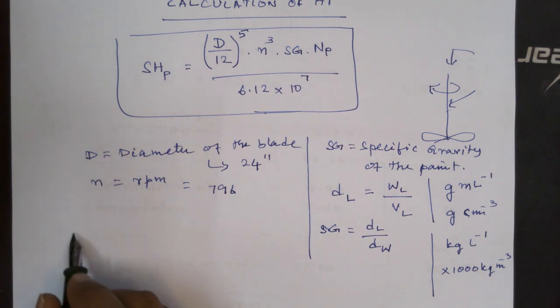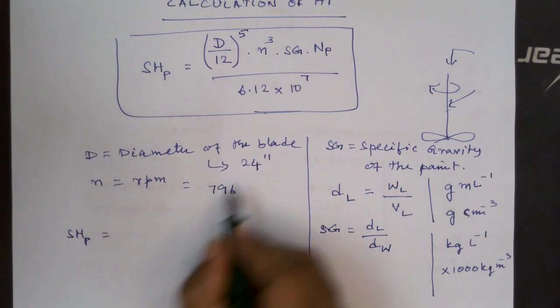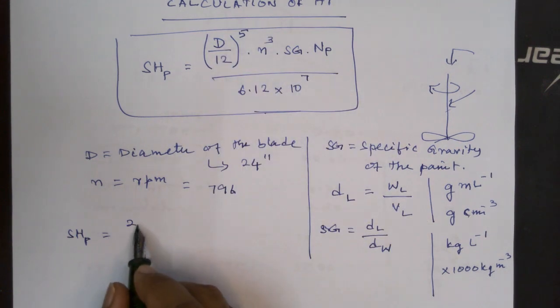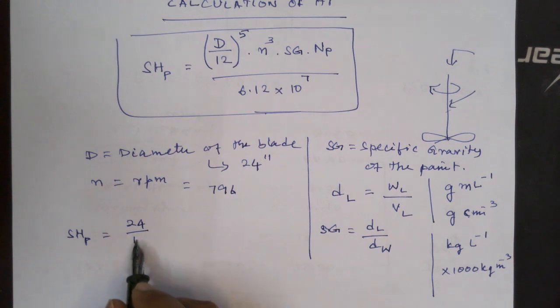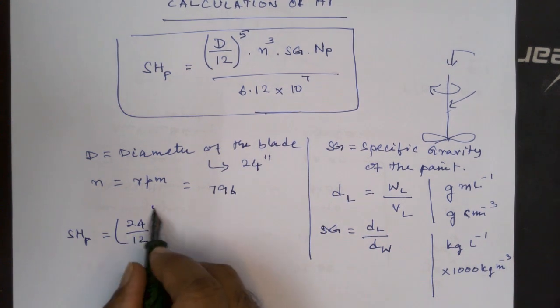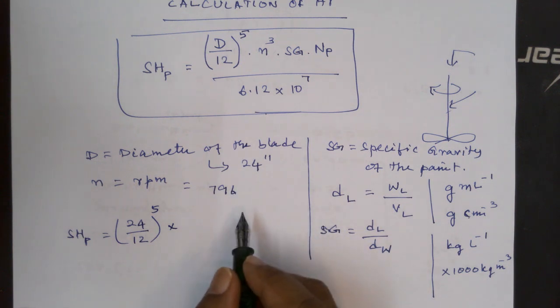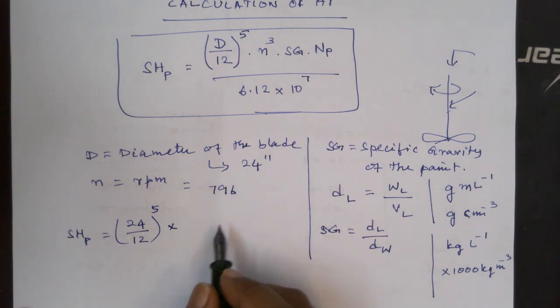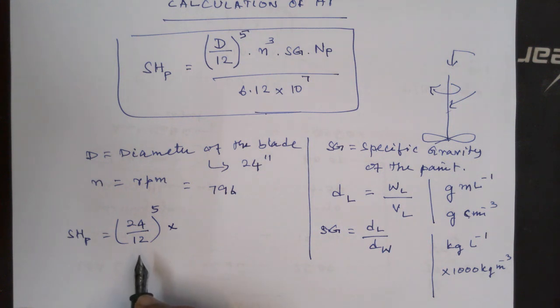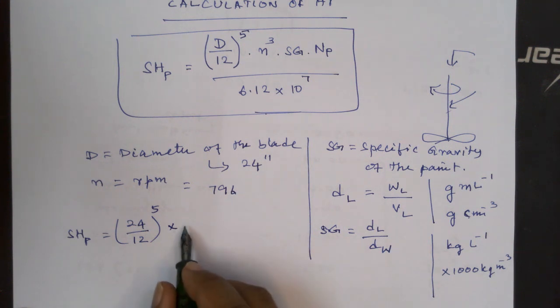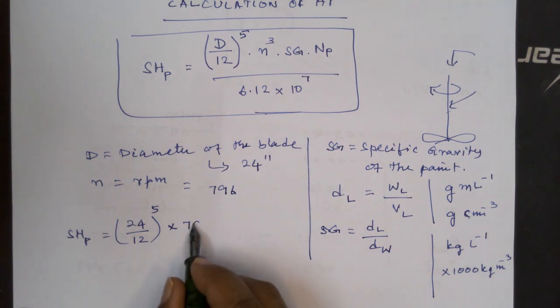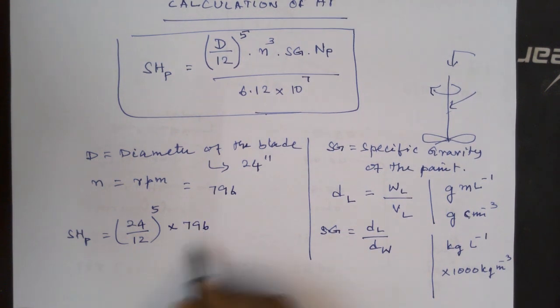SHP is equal to, our diameter is 24 inches divided by 12, whole power 5, into N, that is 796 RPM, cubed, 796 cube.